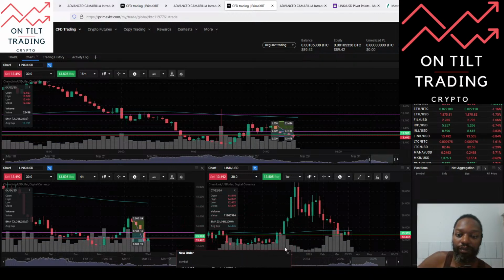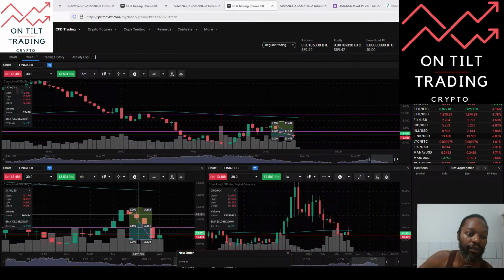And I'll show you what I'm seeing here on the 4-hour. On the 4-hour, I have this Fibonacci retracement up right here, just based on the price action. Just have some selling off going on here. I'll zoom in, take the Fibonacci off.